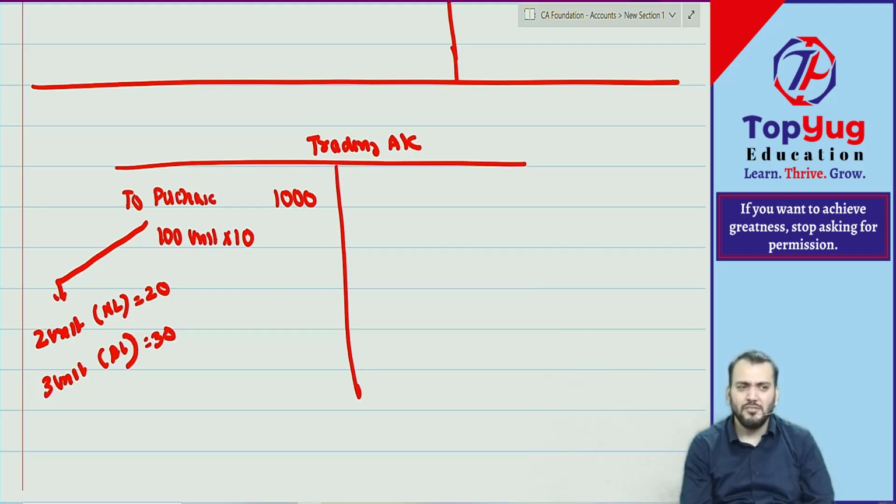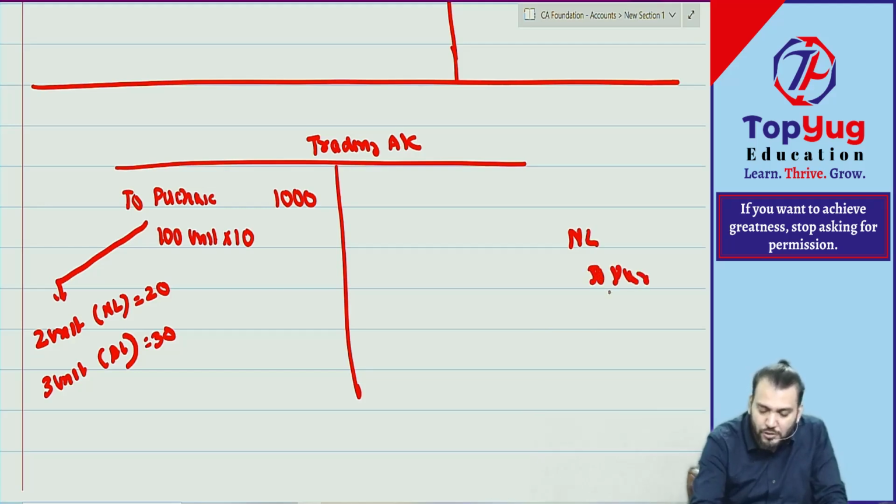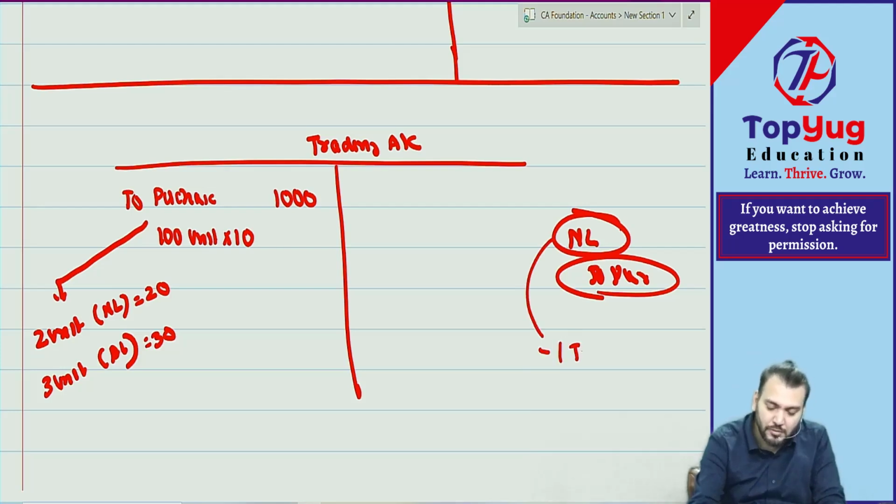And then normal loss you have debited. What will you do about normal loss? Deducted from purchase. Okay. You have done this. Normal loss to purchase. So you reduce purchase. What about this normal loss? Means once again it will debit to trading account. Correct? What is journal entry for abnormal loss?